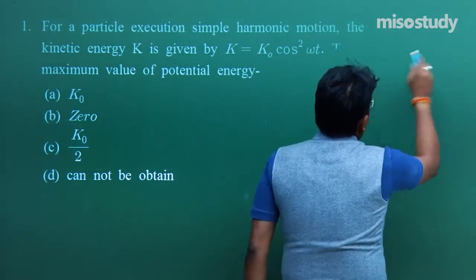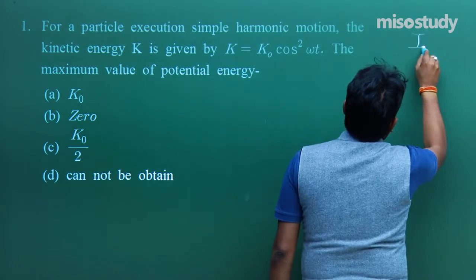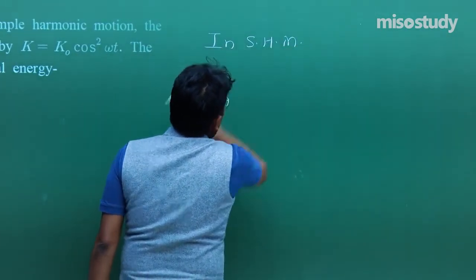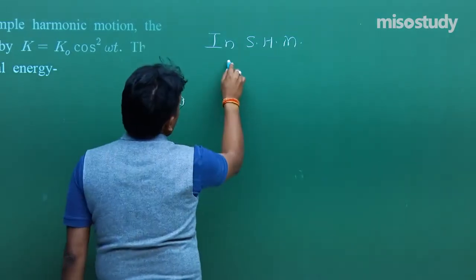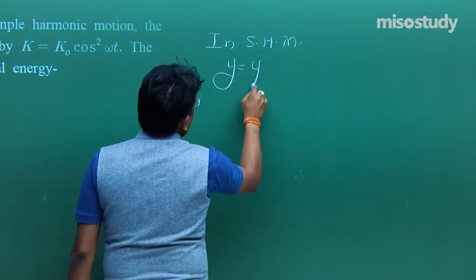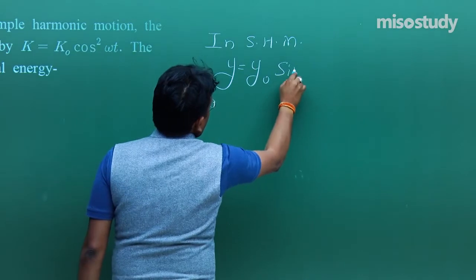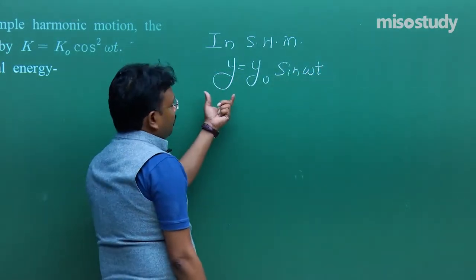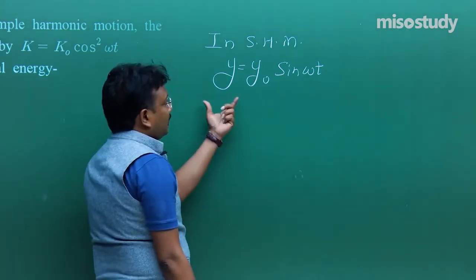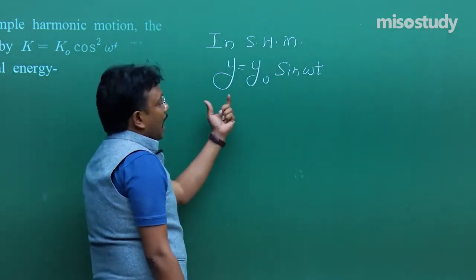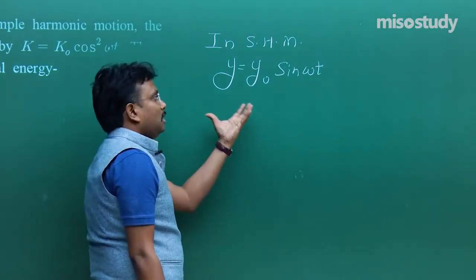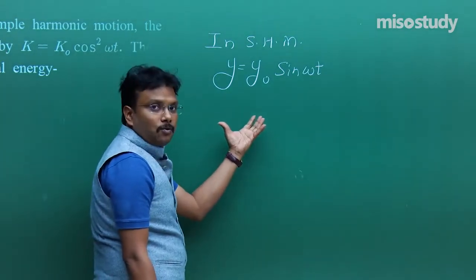Fine. So in SHM, the general equation is y is equal to y naught sine omega t. If you differentiate it once, you will get velocity, and then half m v square will give you the kinetic energy value. Fine.